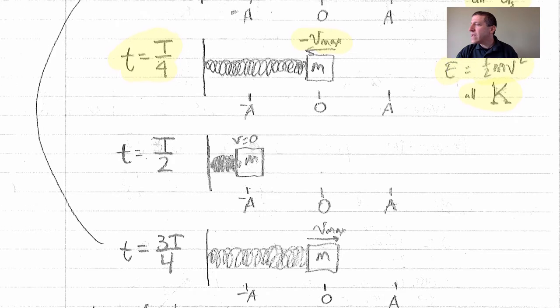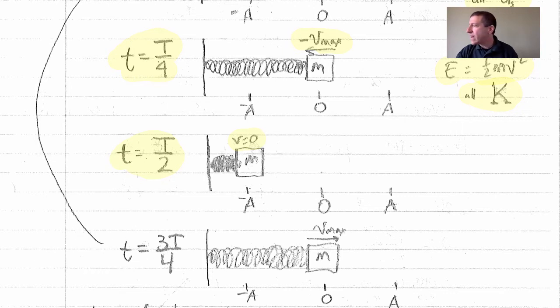At t equals halfway through the cycle, time equals the period over 2, now it's at the other extreme. It's at negative A. V is again 0. What is the energy here? Well, it's again all spring potential energy, 1/2 kA squared again, because even if you have negative A, when you square that, that's the same as A squared.